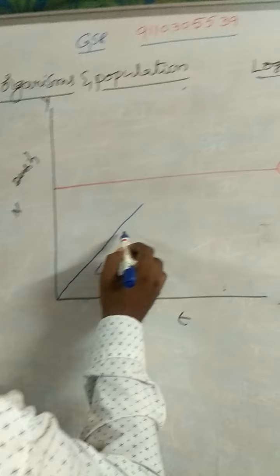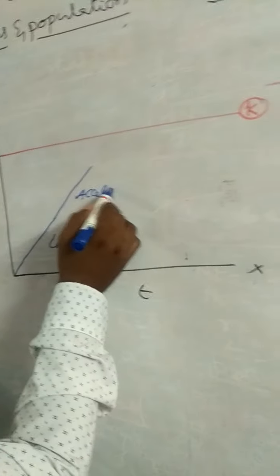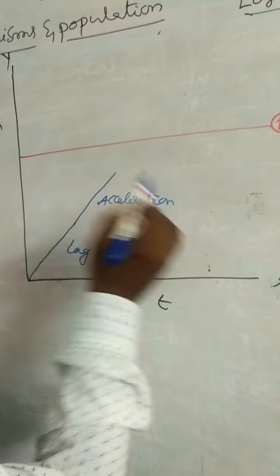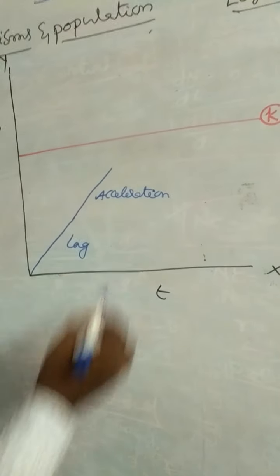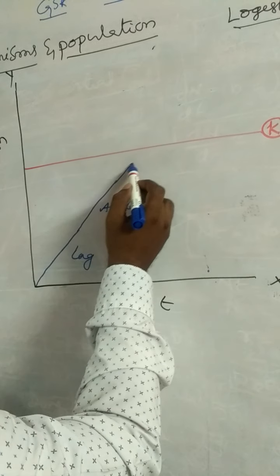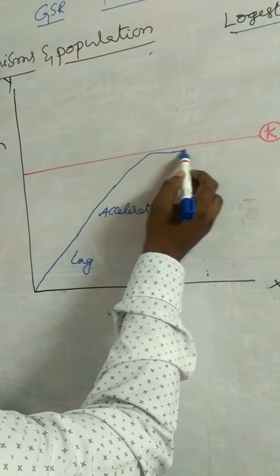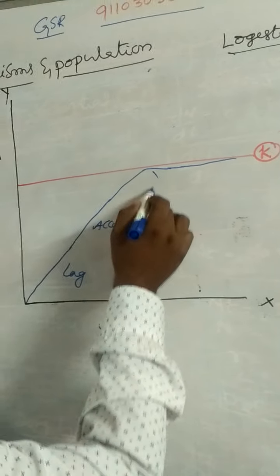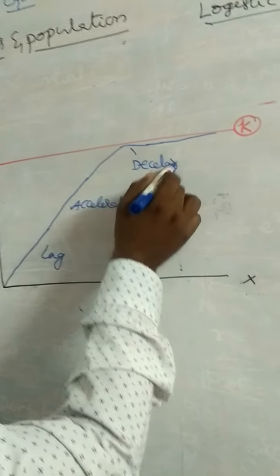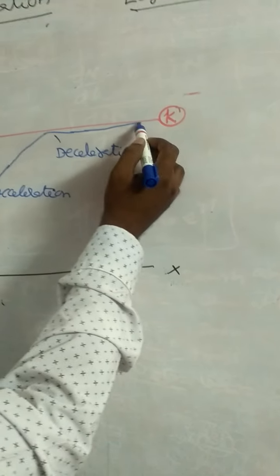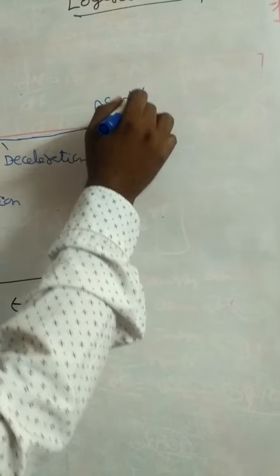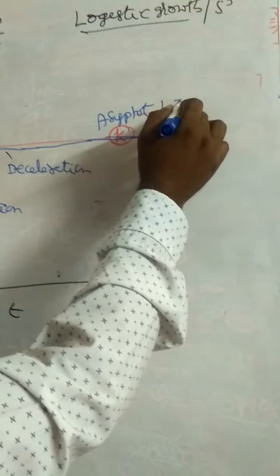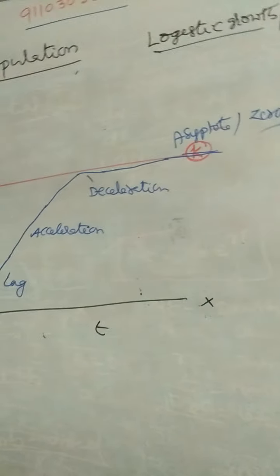Next stage, acceleration phase. Population size increases, that is acceleration phase. And next phase, deceleration phase. And final stage is asymptote or zero population.